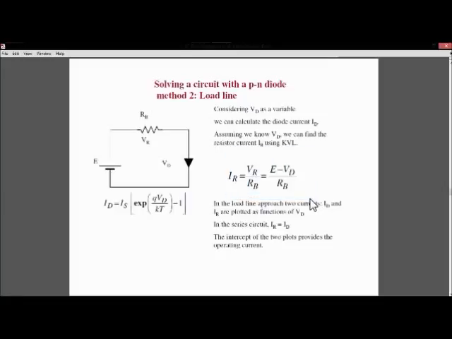So there are two approaches for these two currents, that is ID and IR, and they can be plotted. In the case of a series circuit, ID equals IR, that is, the diode current is the same as the current flowing through this circuit. I will show you the simulation also, working with these problems in MATLAB, how to solve this question in MATLAB, and you will get the load line analysis also.